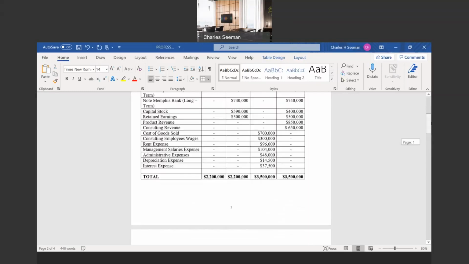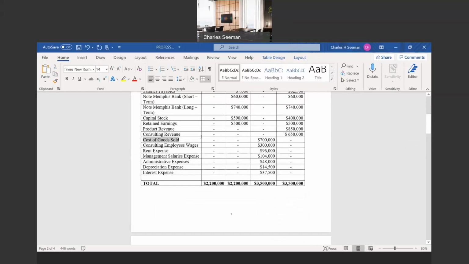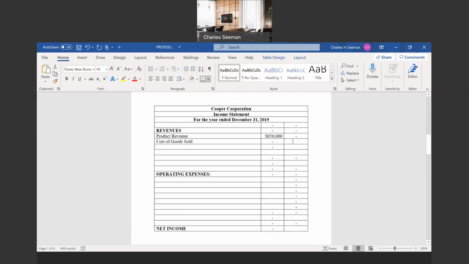Cost of goods sold, we're going to use this number. And I'm going to put it in brackets just to indicate that it's a subtraction.